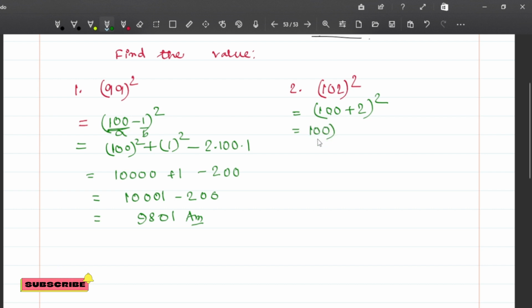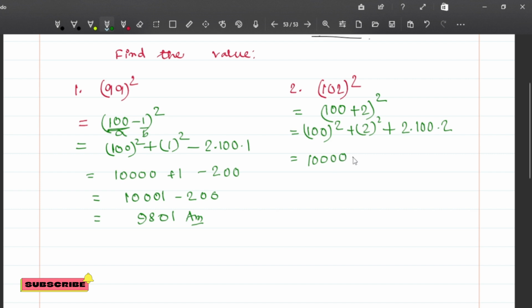So expand again: 100 square plus 2 square plus 2 into 100 into 2.